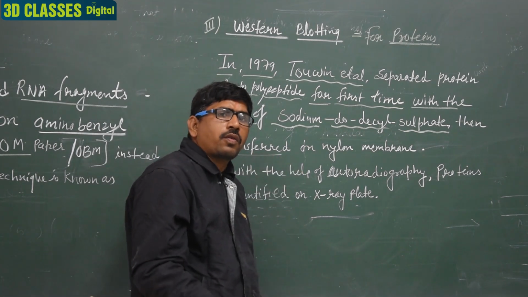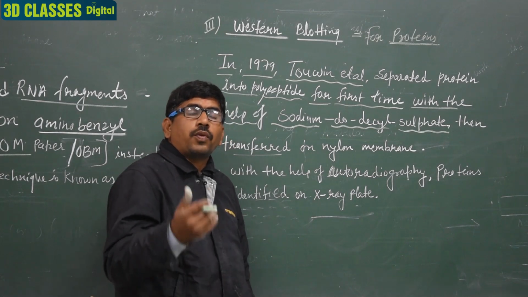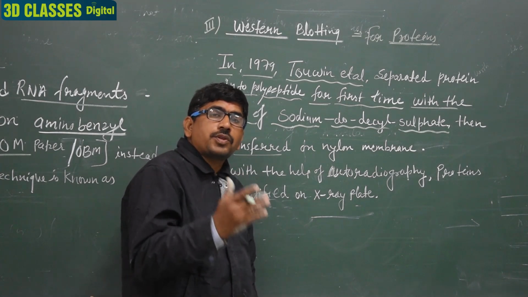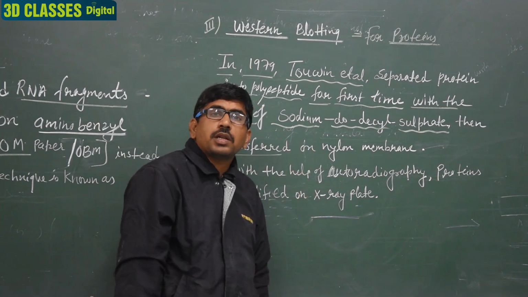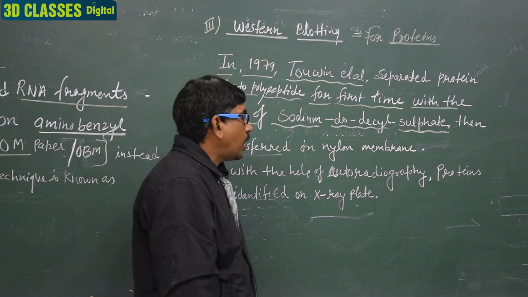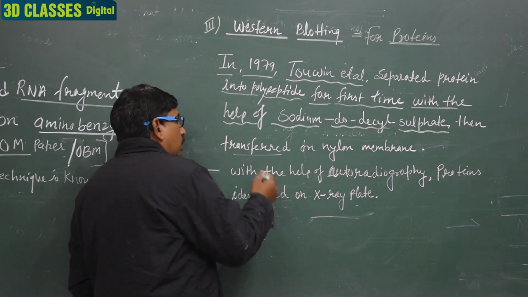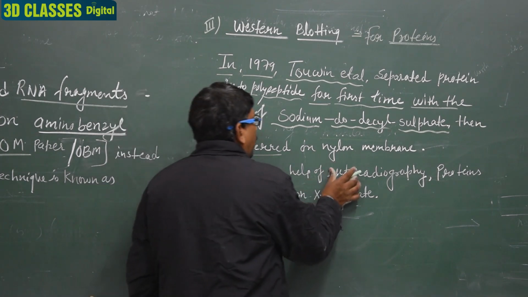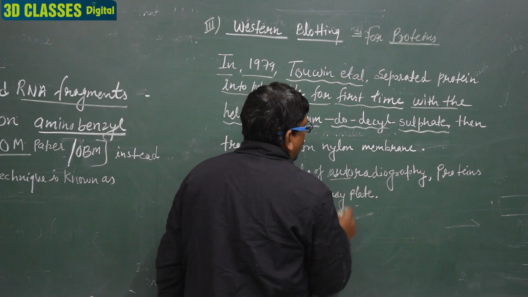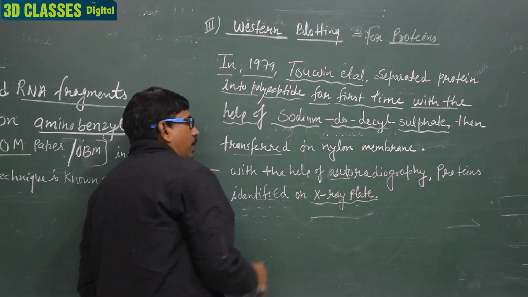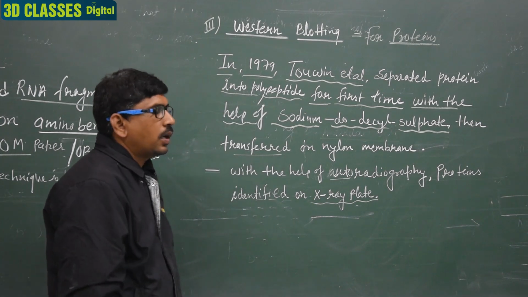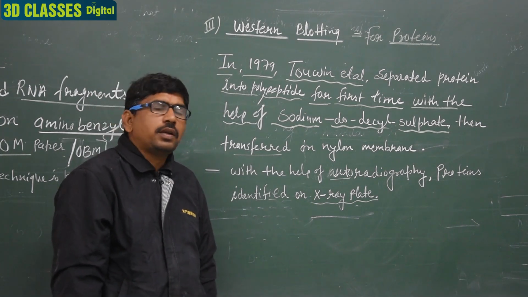So here a nylon membrane is required, but before this, the separation uses the chemical sodium dodecyl sulfate. Clear? After that, with the help of autoradiography, the proteins are identified on an X-ray plate. Clear? The same thing, a photographic plate.